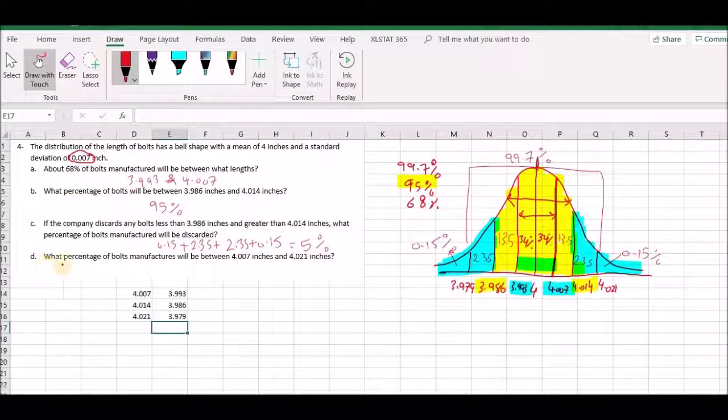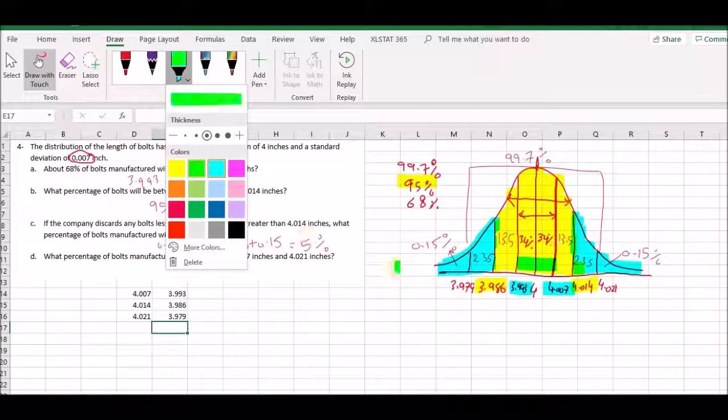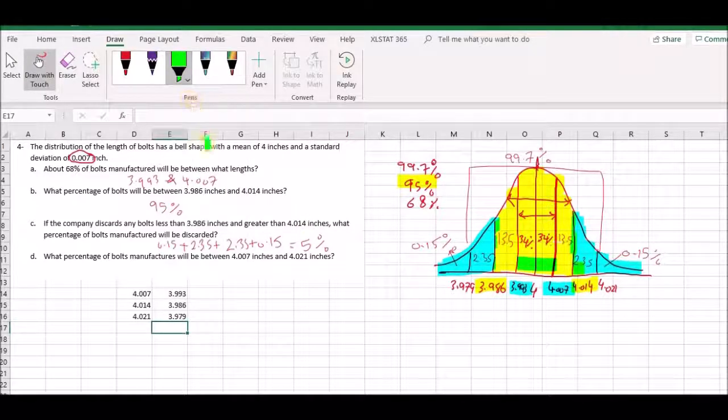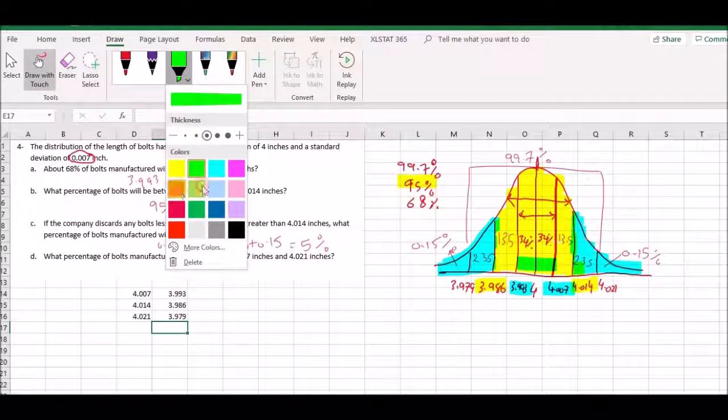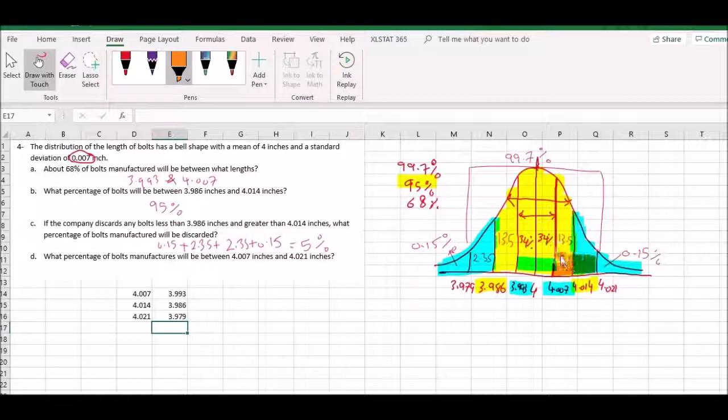And then lastly, what percentage of bolts manufactured will be between 4.007 inches and 4.021 inches? So let's see what area is that. Let me put it in orange. So between this number and that number, that is this area right here. And you're going to add the percentages up.